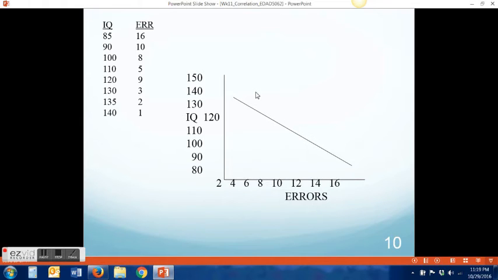So what kind of correlation or what kind of relationship is this? Positive, negative, or no relation? You guessed it, negative. And again, this is pretty close to a perfect correlation, 0.89 negative, with negative 1 being a perfect correlation.